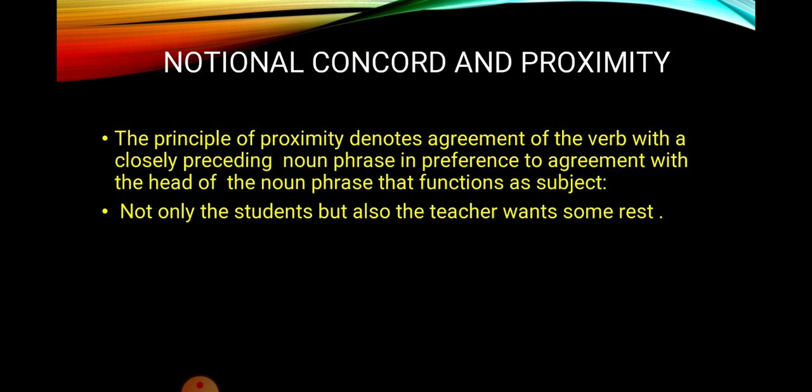That is, we consider the noun phrase or the noun that is closely preceding the verb. So, if this noun phrase that is close to the verb is singular, we are going to use a singular verb, and vice versa.